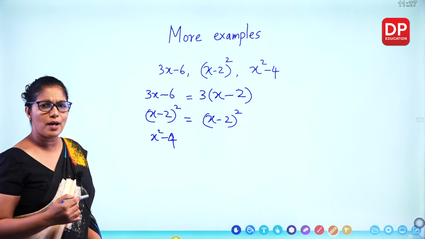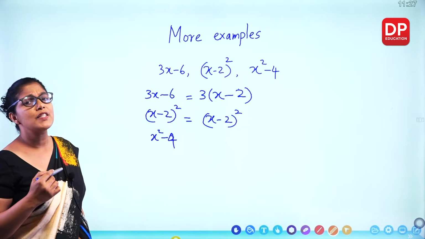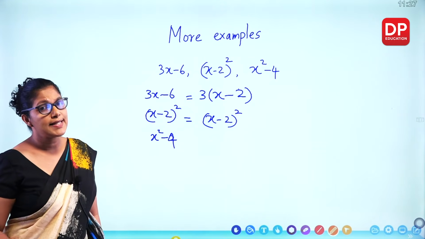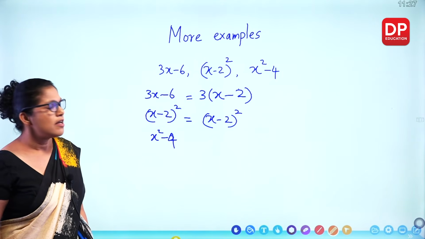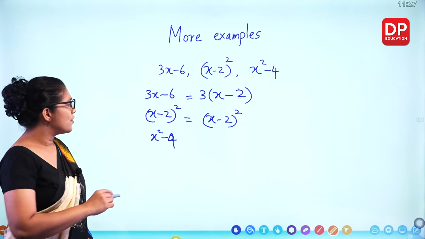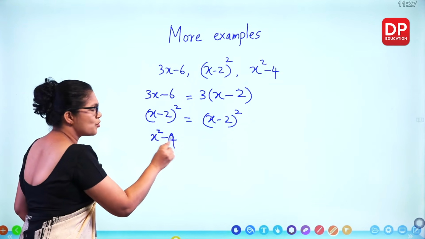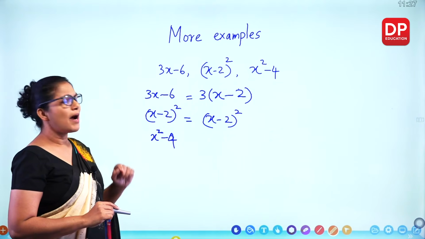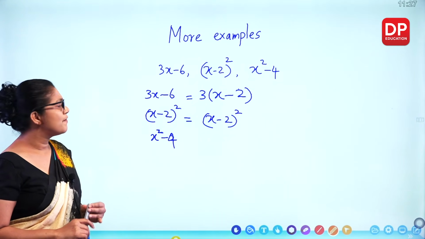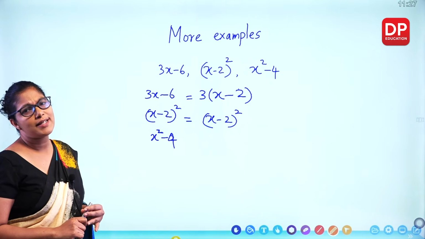Now what about this one? X squared minus 4. Can you remember we did this in chapter 7, factorizing quadratic expressions. What is this one? So this is two terms with a minus sign in the middle. What you call that? Difference between two squared terms.